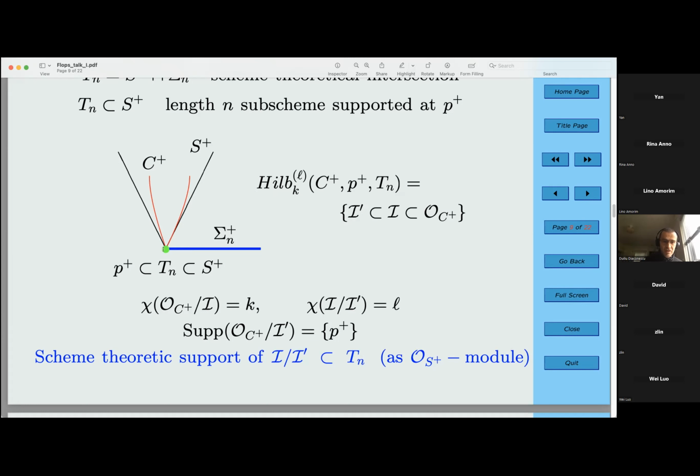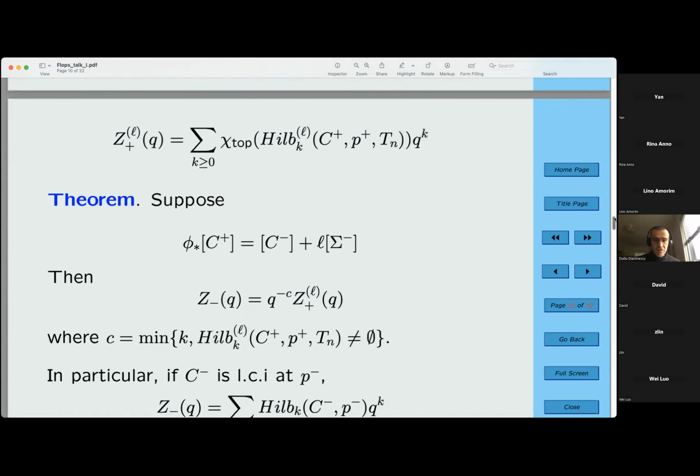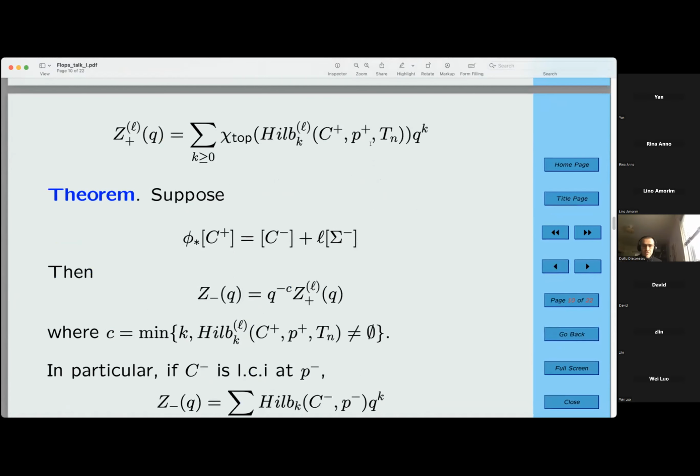If you think of it in isolation, for this plane curve, it's a bizarre looking condition, but that's what you want to impose. It's a scheme theoretic condition on the quotient, which plays a very important role in our setup. So this is the kind of flag Hilbert scheme, and then you make a generating function again by taking Euler numbers.